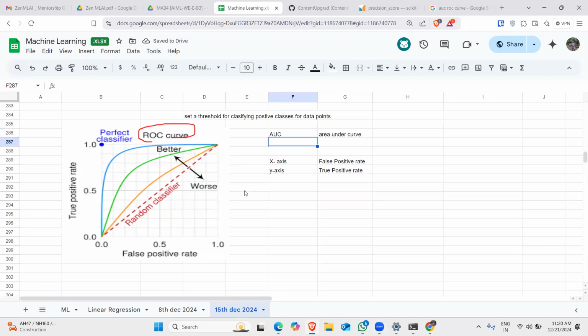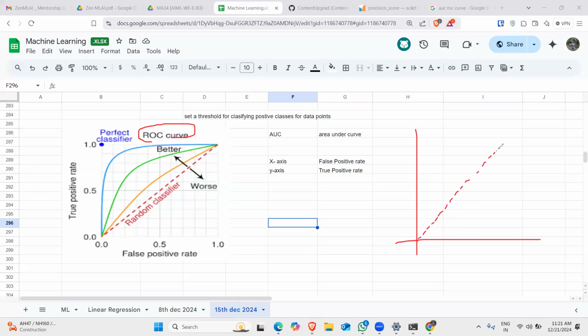So we can try to understand this graph by generating a confusion matrix for each point corresponding to the threshold, right? So suppose your area under the curve is, let's say, 0.5. So it's any random classifier, any random simple model, right?